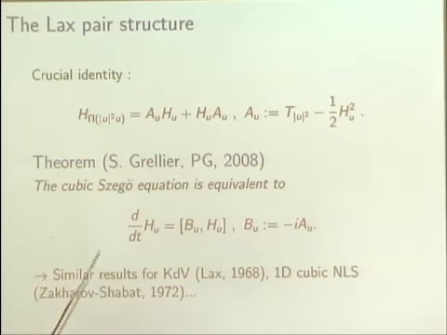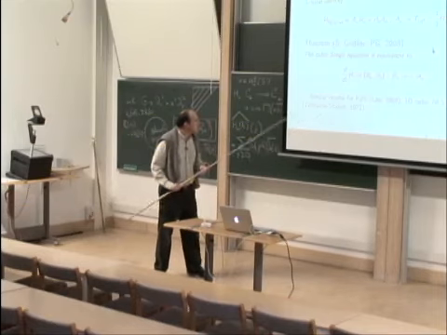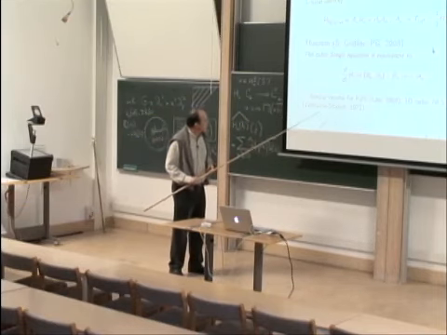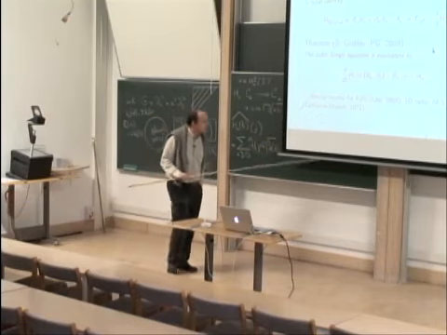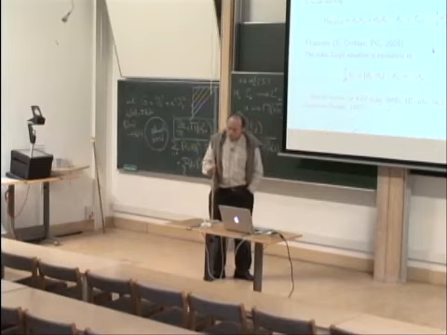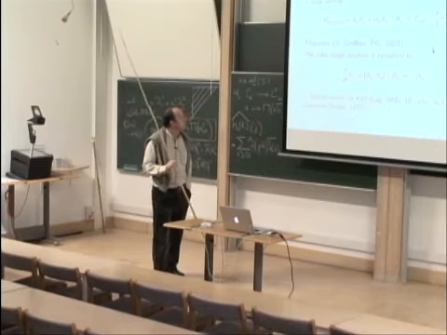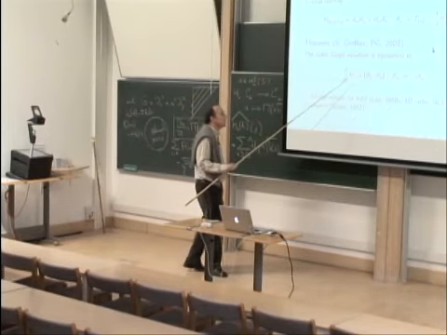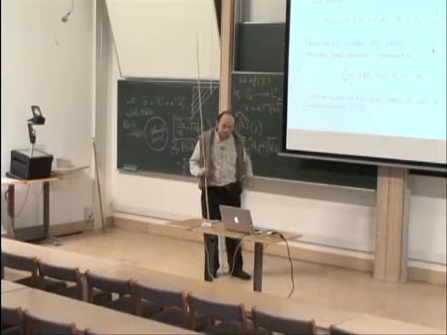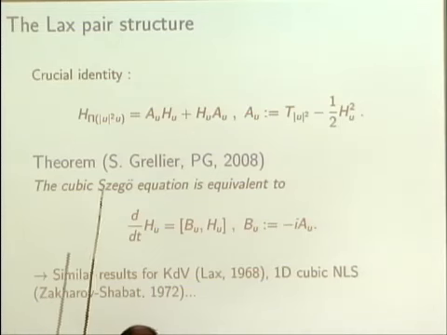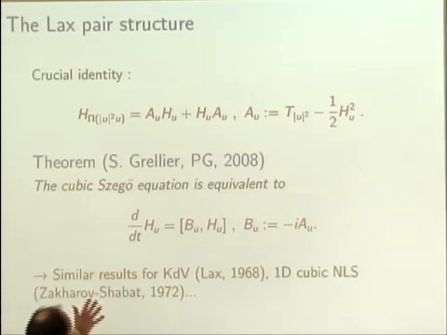And Bu is some kind of third order differential operator. And there was also this nice paper by Zakharov and Shabat in the 70s, where the 1D cubic nonlinear Schrödinger equation was shown to enjoy the same kind of property, where Hu then is some kind of Dirac operator. So this cubic Szegő equation has that kind of property.